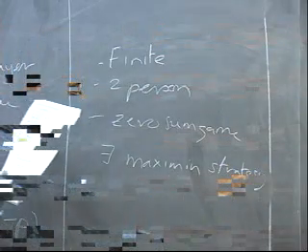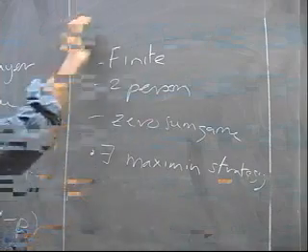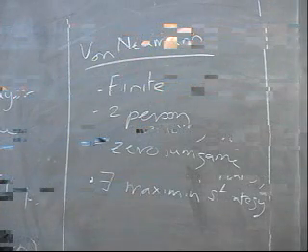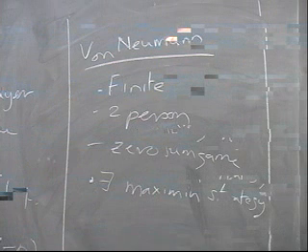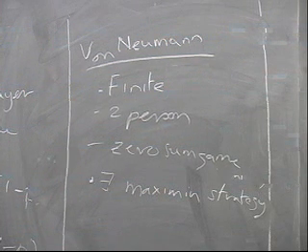Basically, this is von Neumann's theorem, and this is an existence proof. All right, so that's all I wanted to talk about maximin.